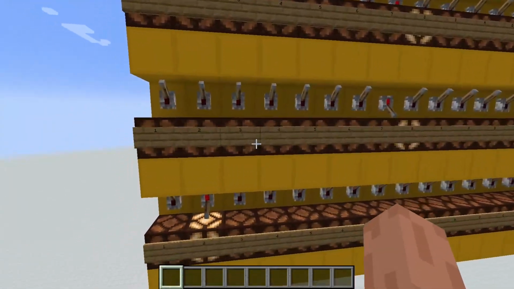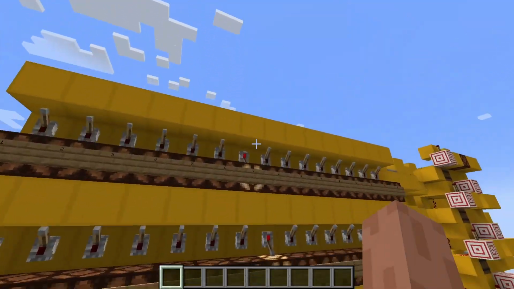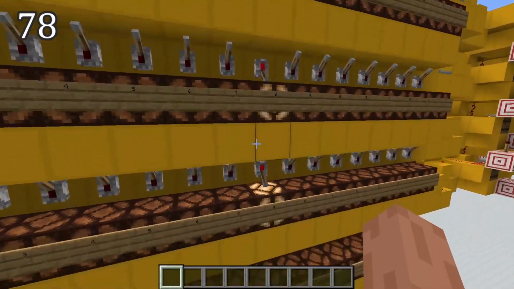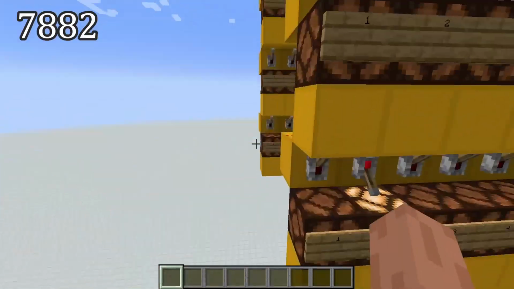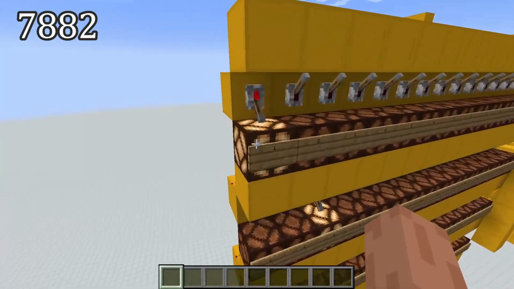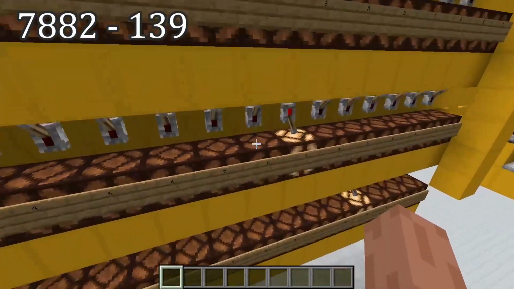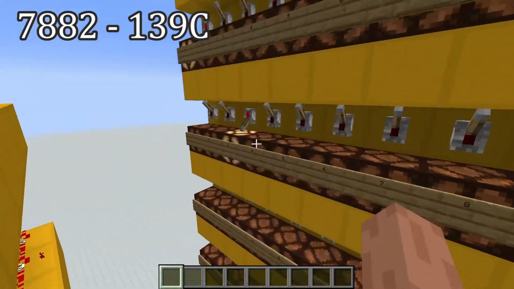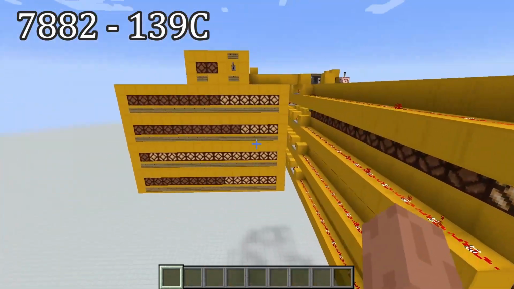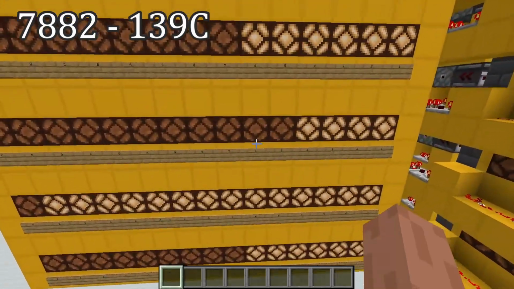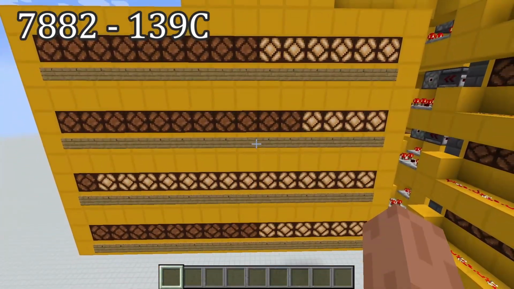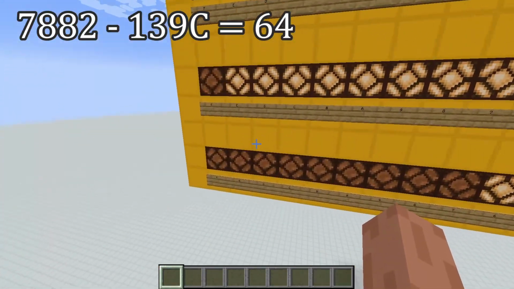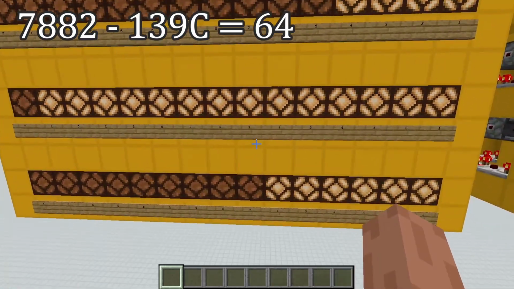So on input A we have 7, 8, 8, 2, and on input B we have 1, 3, 9, 6. So if we would compute that using subtraction, we would get 6, 4, E, 6, and that is just what we get using a calculator.